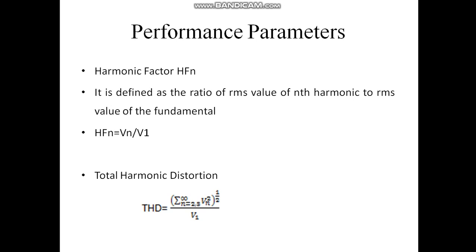This is because the output voltage waveform generated by the inverter is not purely sinusoidal. It can be a square wave, a quasi square wave, or a low distortion sine wave. Now these waveforms contain some harmonics, some distortions.